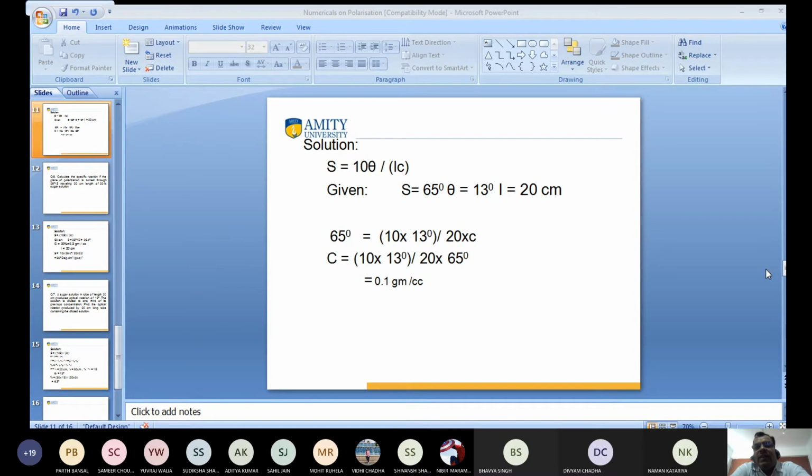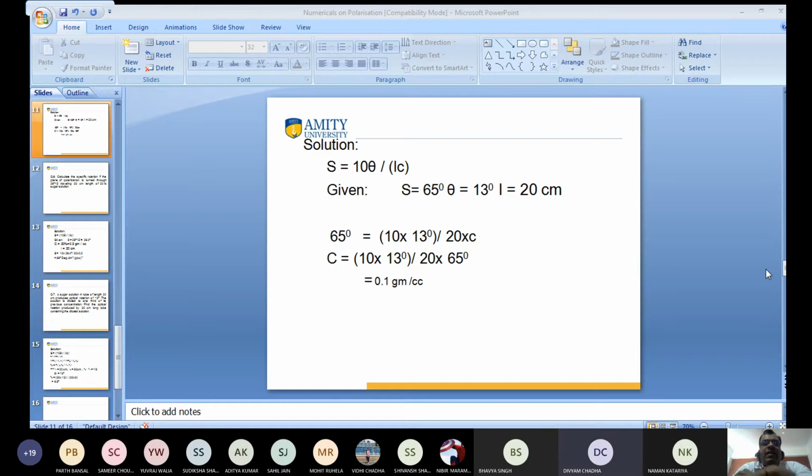Specific rotation is equal to theta by LC when the length of tube is taken in decimeter. If you put the length in decimeter, you take the formula theta by LC. If you put the length of the tube in centimeter, the formula is tan theta by LC. Both are the same. Divyam, this is your question.